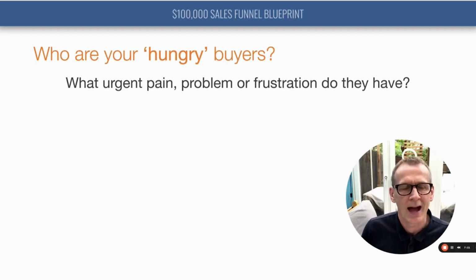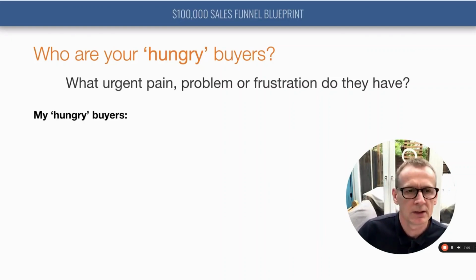Who are the ones that really have a more urgent pain, problem, or frustration that they need to address? So they're in a situation or a circumstance where they're not just casually looking for a solution. They really feel that actually they need to find a solution. So the more you can think about your audience in terms of those who are highly motivated, those are the ones that you want to start to reach out and connect with.